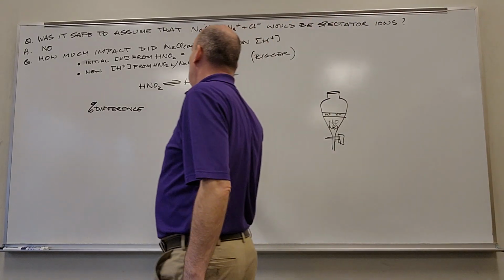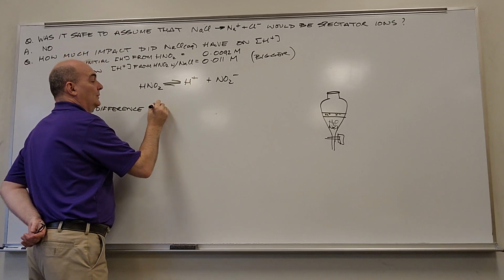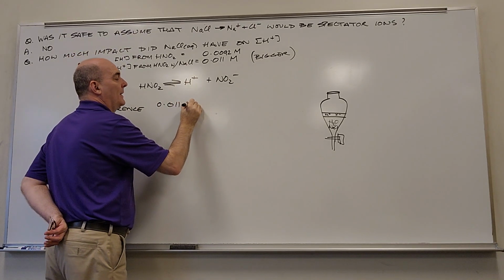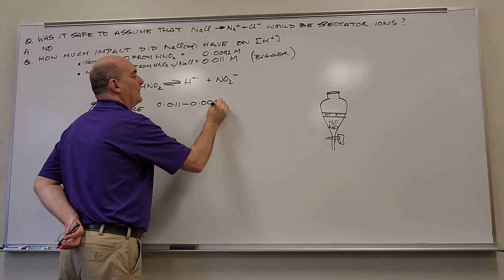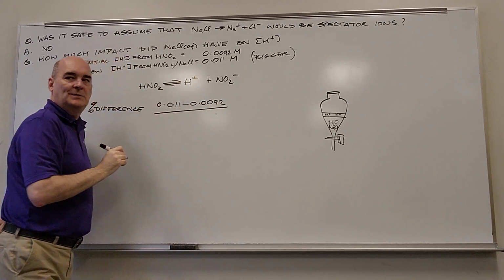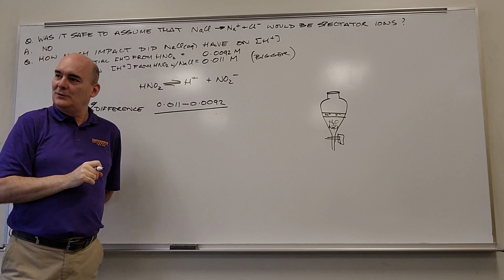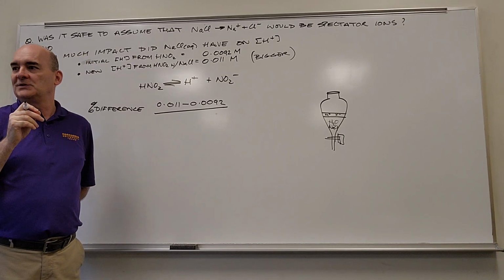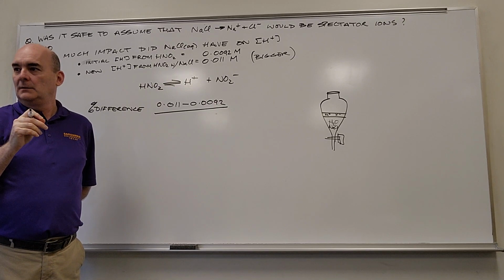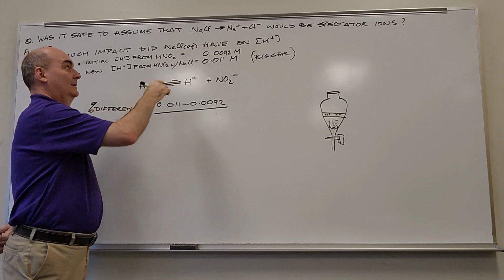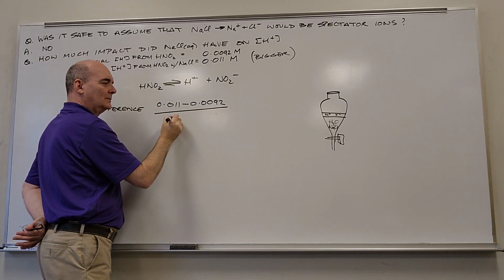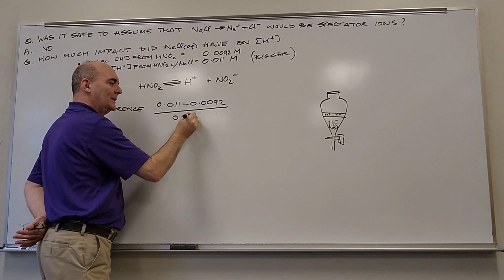So I would do big number minus little number. There might be some mathematician out there screaming, no, no, no, there's a strict way. But I think that if you know what the numbers mean and you frame it with the reagents in mind, then you're okay. And then divide this by what? The big number.